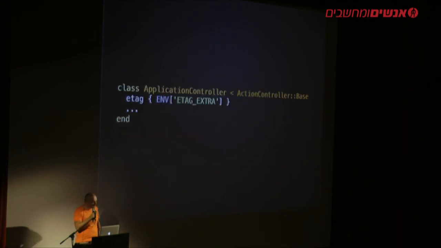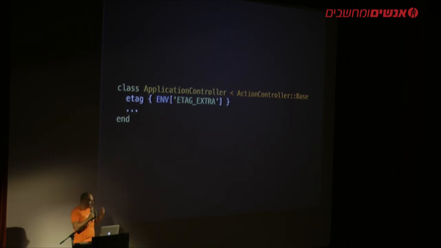Probably a better idea will be to set it from an environment variable, like itac-extra. On Heroku, you can then change it on every deployment, like heroku config:add itac-extra with the date and time of just this second, and on every deployment your caches will be invalidated.